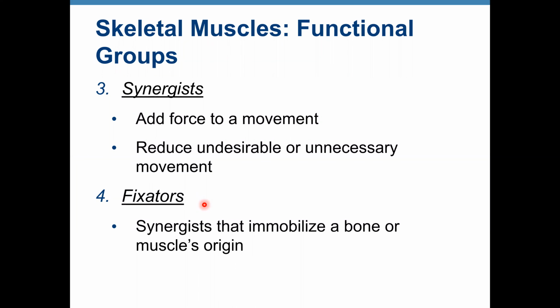And the last functional group are fixators, and those are synergists that immobilize a bone or muscle origin. And by doing it, they help our agonist. Okay, so we have agonist, antagonist, synergist, and fixators.